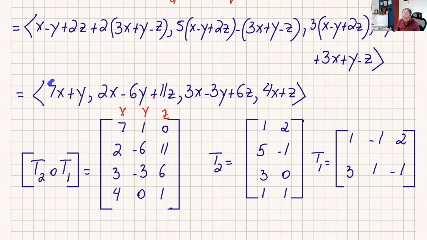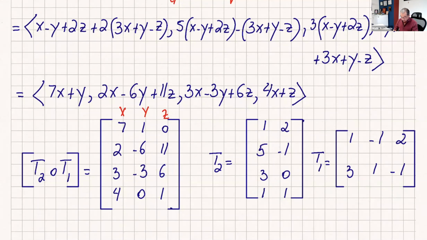For y, we have 1, -6, -3, and 0. This one doesn't have a y. And for z, this one doesn't have a z, so it's 0. Then we have 11z, so it's 11 here. Then we have 6z, so it's 6 here. And we have 1z here, which is 1.